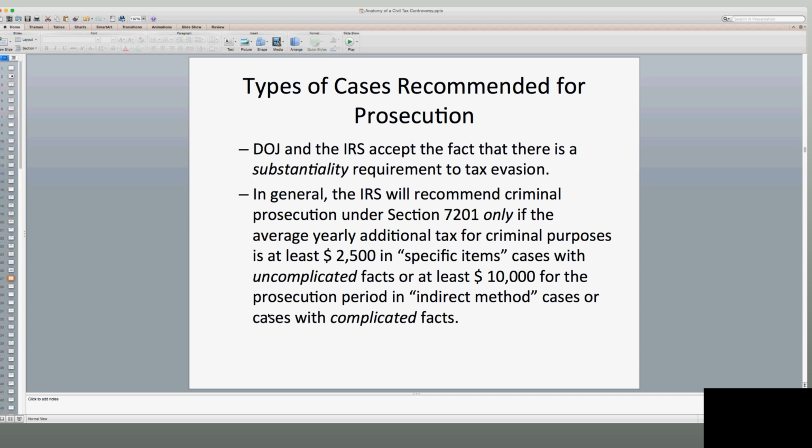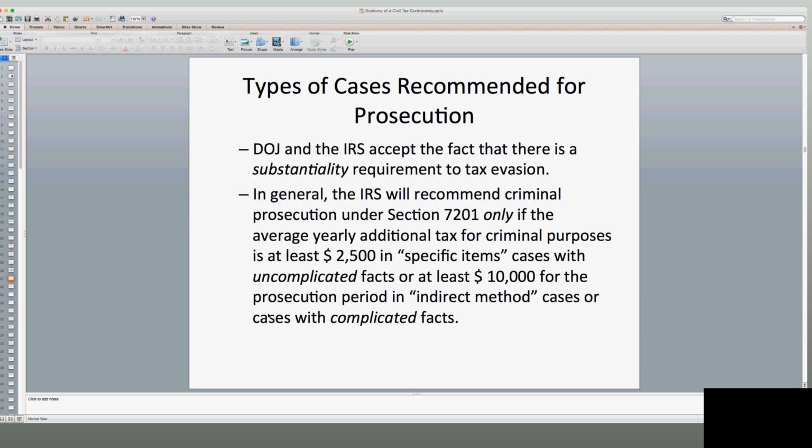Now, I have to tell you that this is not adjusted for inflation, and these figures go back a ways. I want to say they go back to 2011 or 12. So I'm sure that these figures have gone up dramatically.